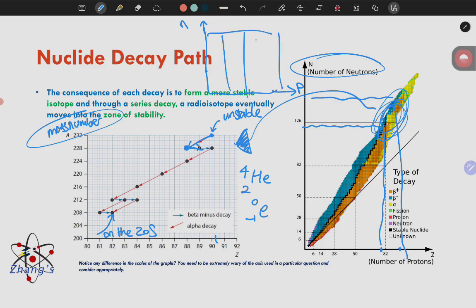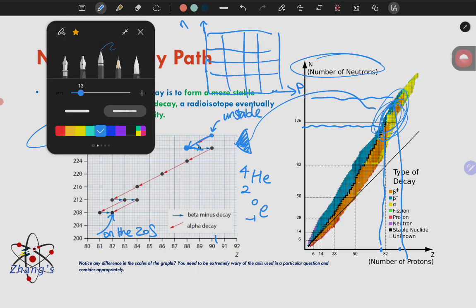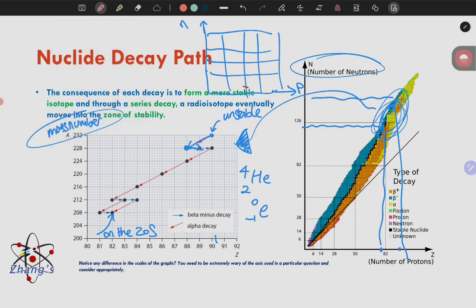So 1, 2, 3, 4, 1, 2, 3, 4. Okay, so I'll switch color pen. So let's say you now have alpha decay, right? So if you have alpha decay, you're still releasing the helium, right? But the number of neutrons that you drop is 2, and the number of protons you drop is 2. So in that situation, your alpha decay would look like this, right?